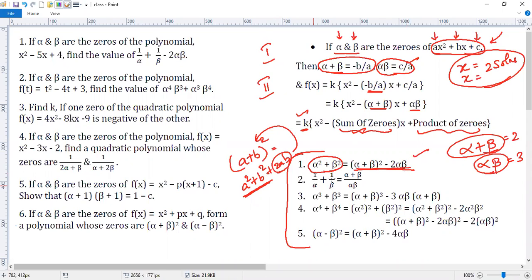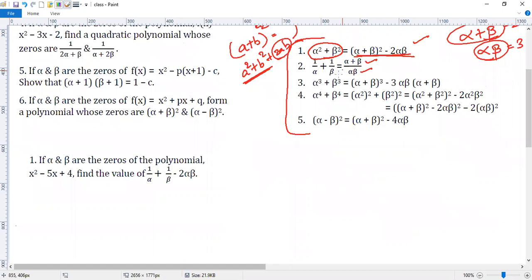Then 1 by alpha plus 1 by beta. இது ரொம்ப simple. You are just taking an LCM. LCM எடுத்தோம்னாலே மேல sum of zeros, கீழ product of zeros வந்துரும். Okay. Ma'am, but first we should write beta plus alpha by alpha beta only. Which one, ma? For second one, ma'am, first we should write beta plus See, 1 by alpha plus 1 by beta ன்னு இருக்குன்னா LCM is alpha beta.